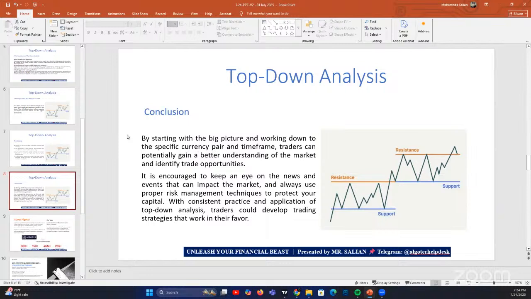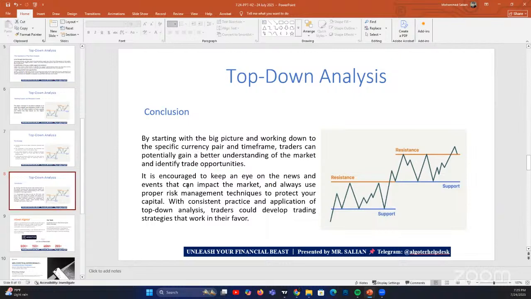You will always go to Forex Factory for that, and you will know if there's high impact news on that day or at that time. Then, as always, use proper risk management techniques to protect your capital. With consistent practice and application of top-down analysis, traders could develop trading strategies that work in their favor.